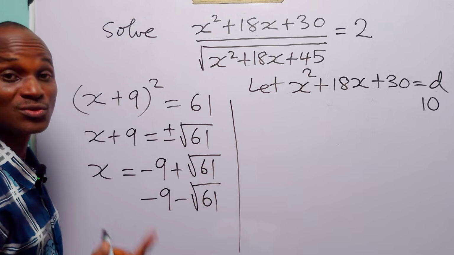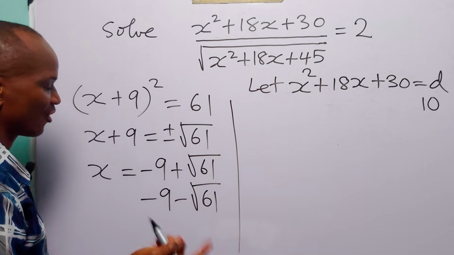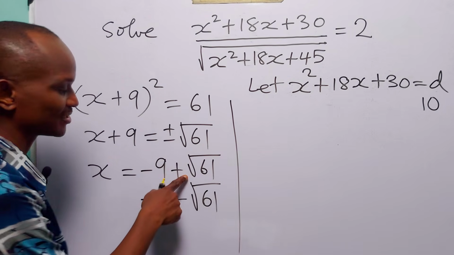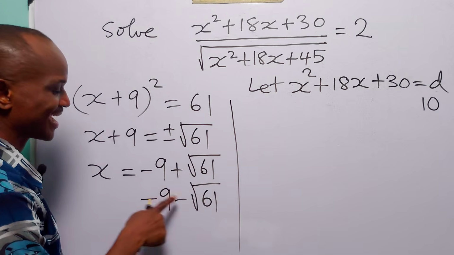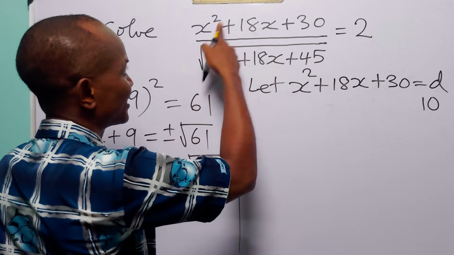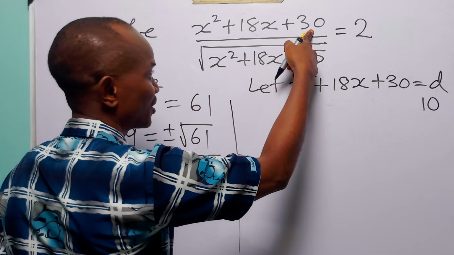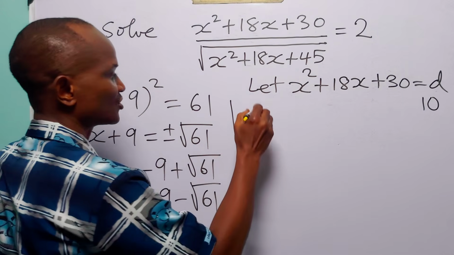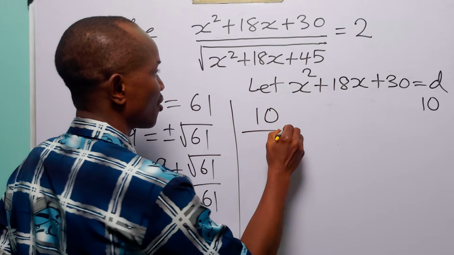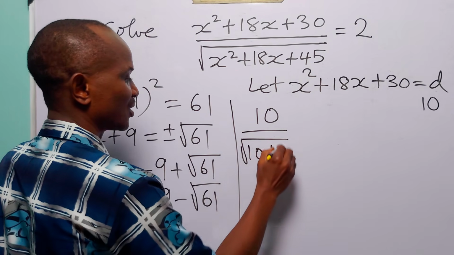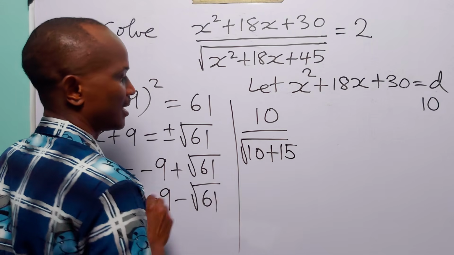Now, we can check these two values of x. Of course, we know that when x is equal to minus 9 plus root 61, or minus 9 minus root 61, then x squared plus 18x plus 30 is equal to 10. So in this equation, we have 10 over the square root of 10 plus 15.